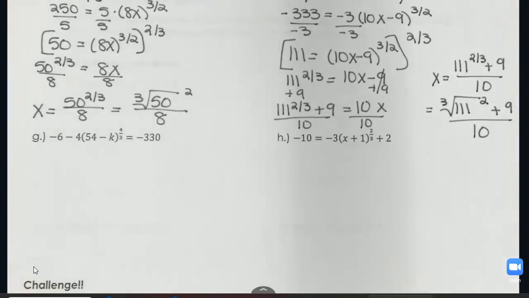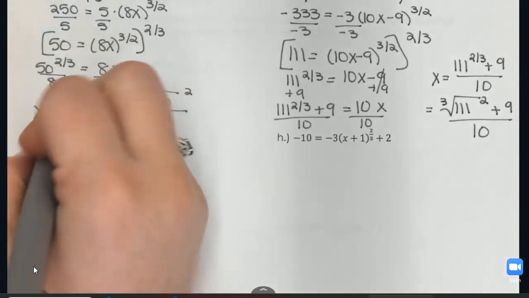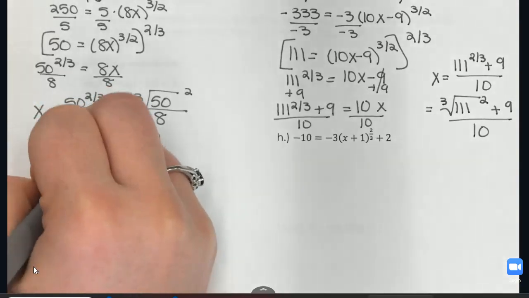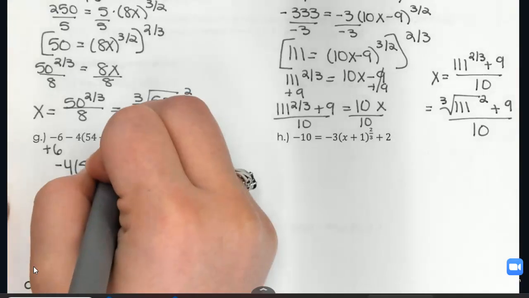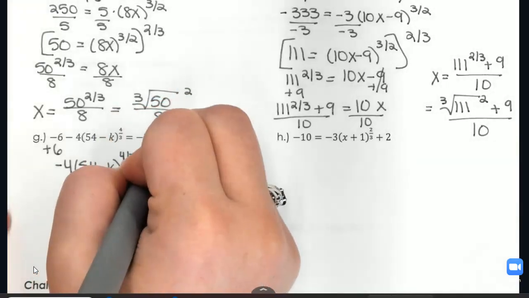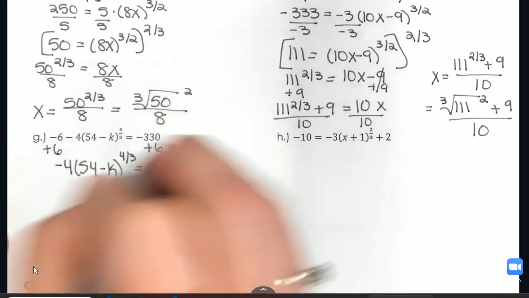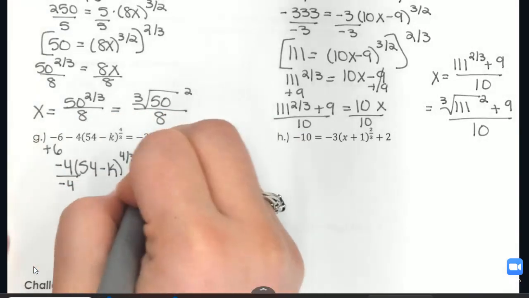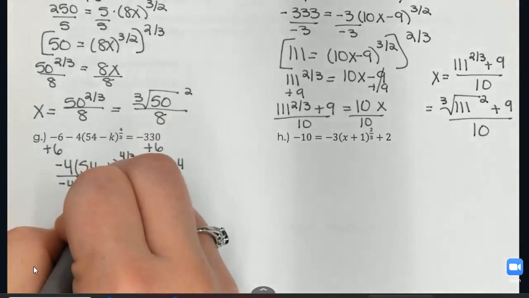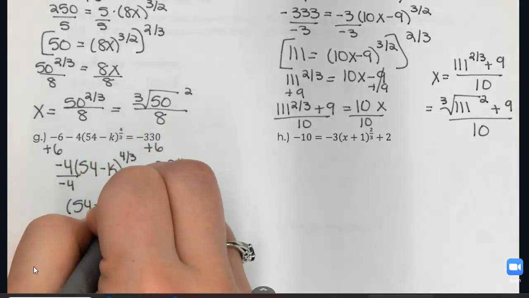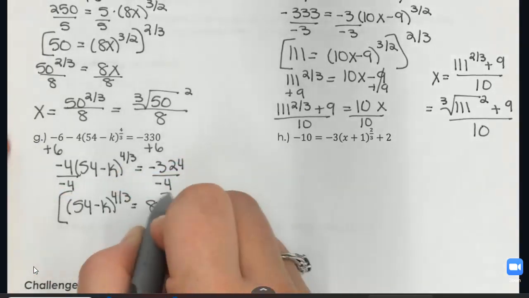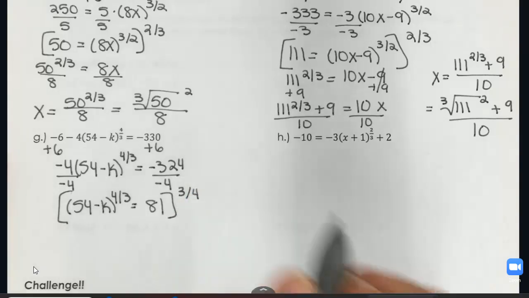Okay, last two. On this first one, I'm going to add 6. And that's going to be negative 324. Then I can divide by negative 4. 54 minus k to the 4/3 power is going to be equal to 81. My reciprocal exponent here is to the 3/4 power.